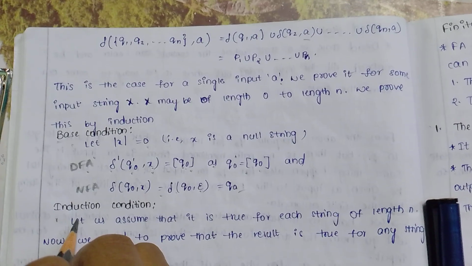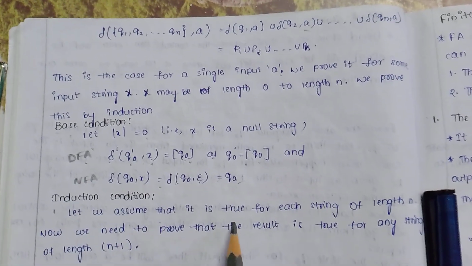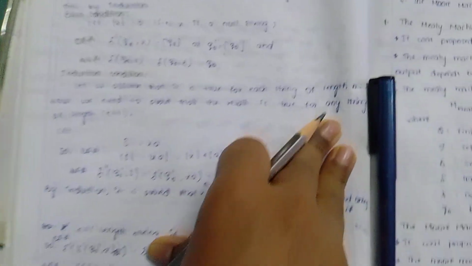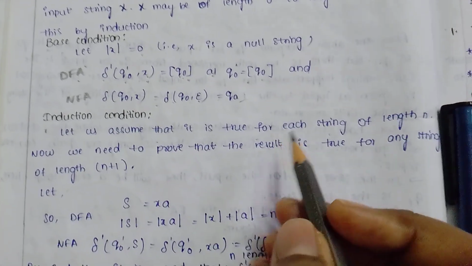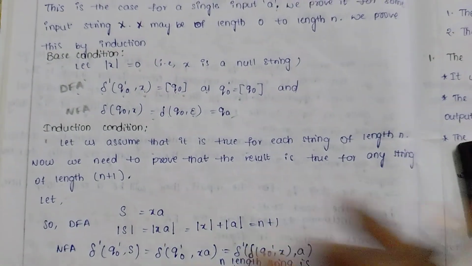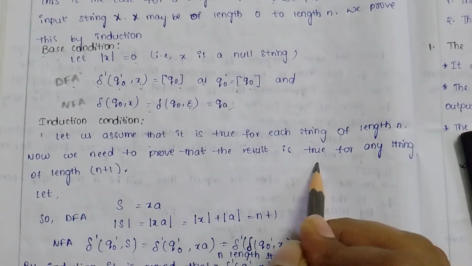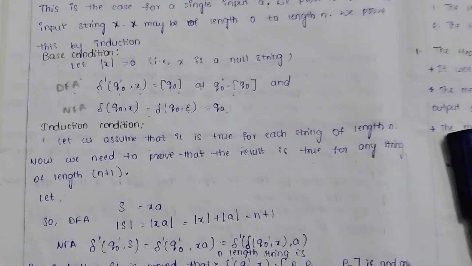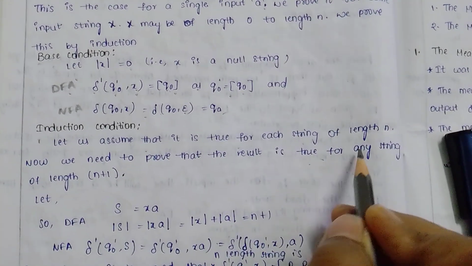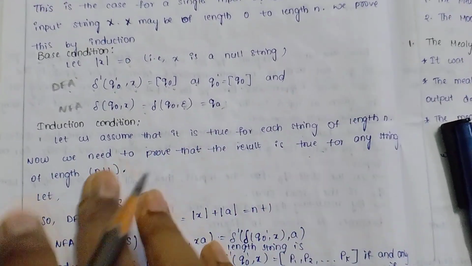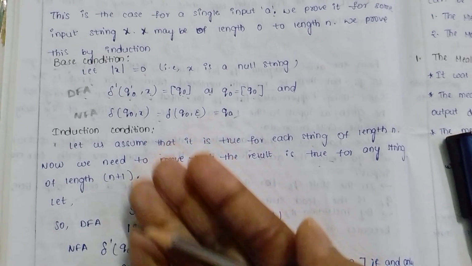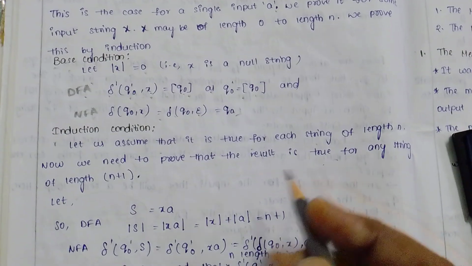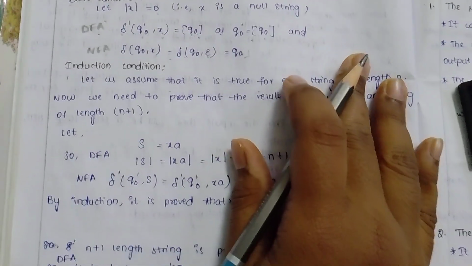In the induction condition, let us assume that it is true for each string of length n, and now we need to prove that the result is true for any string of length n plus 1. So we have to assume each string of length n, and we need to prove the result is true for any string of length n plus 1.